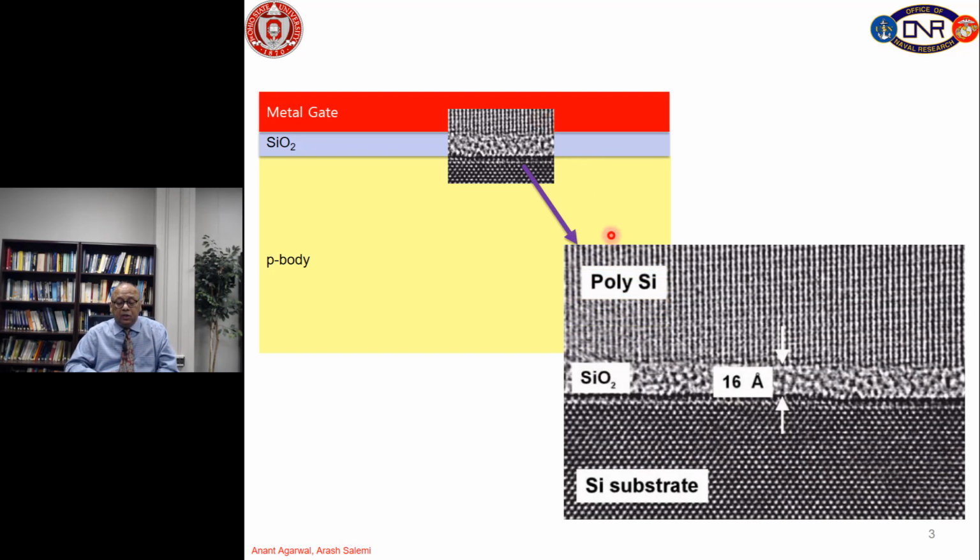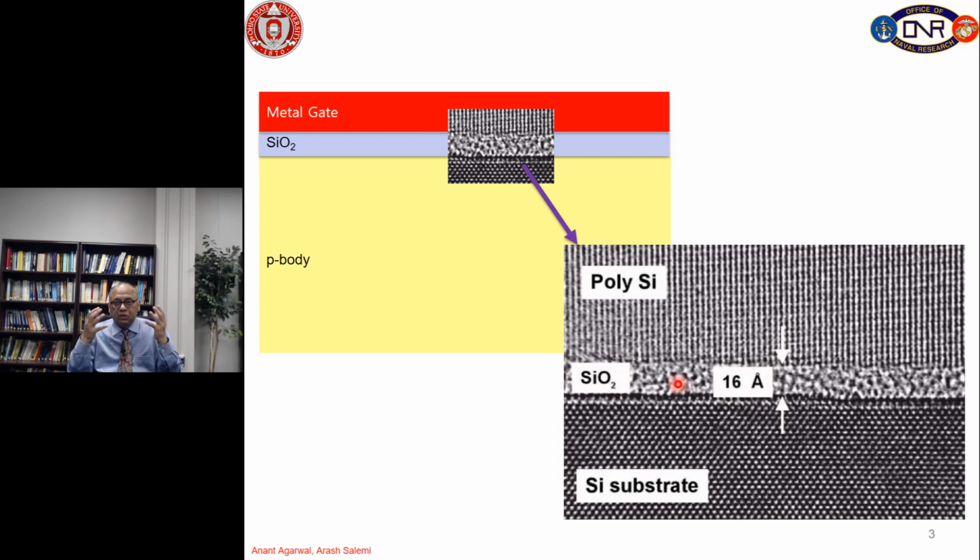And here is a detailed picture of this. You can see this oxide layer is 16 angstroms thick, and here is a polysilicon gate which is doped N-type or P-type, but mostly N-type with phosphorus.